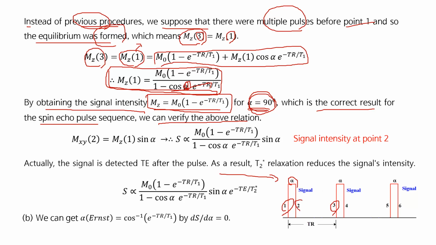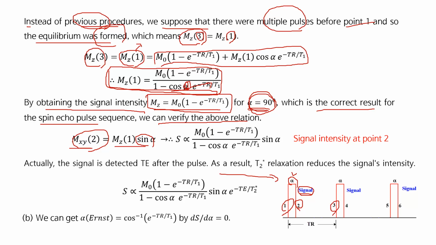So here we have the first signal. xy2 equals mg1 sine alpha due to this angle alpha pulse.